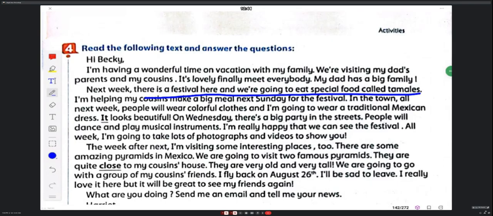Hello? I am reading. Okay. I'm going to take a lot of photographs and videos to show you the festival here in Mexico.